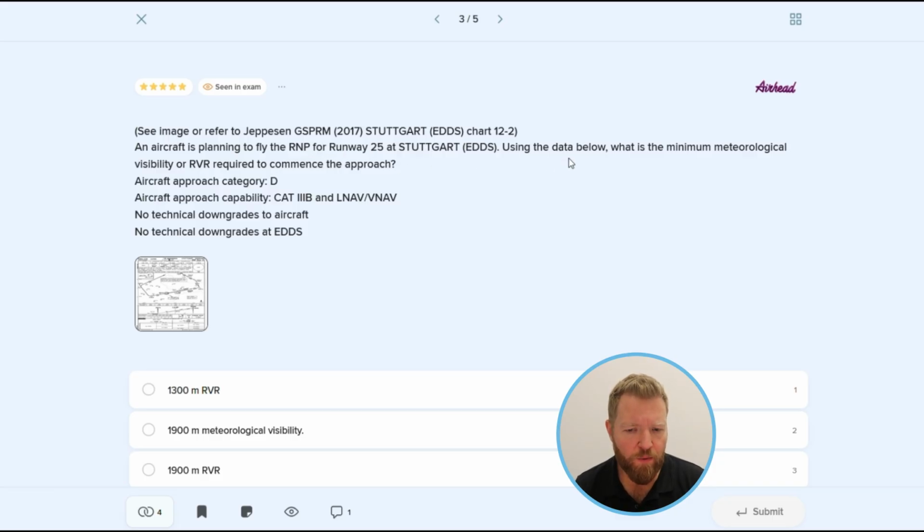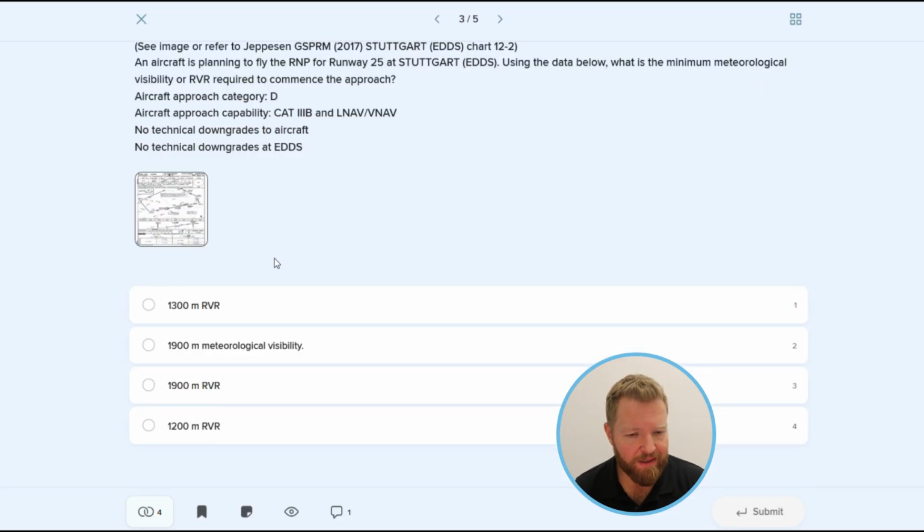Using the data below, what is the minimum meteorological visibility or RVR required to commence the approach? And aircraft approach category is Delta. Aircraft approach capability is Cat 3 Bravo and LNAV VNAV.